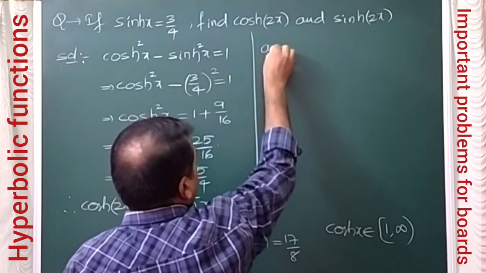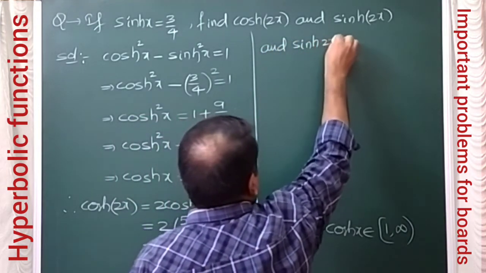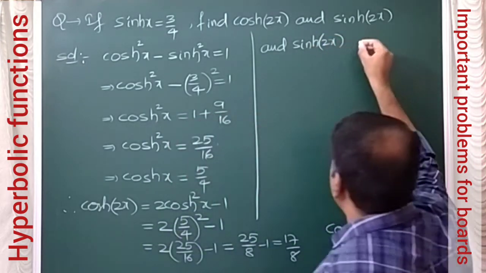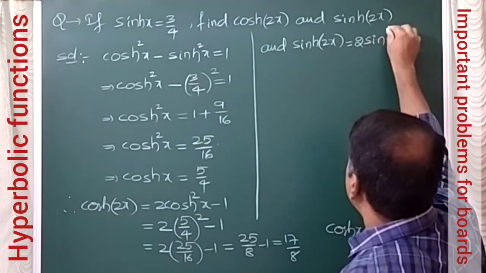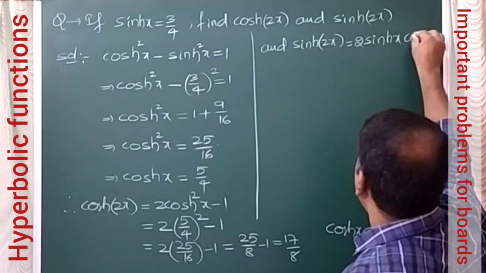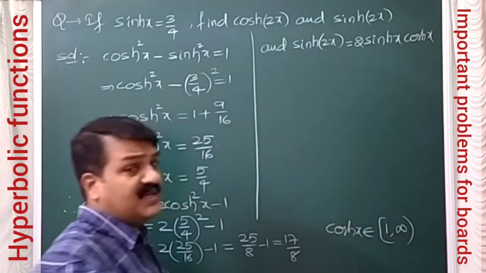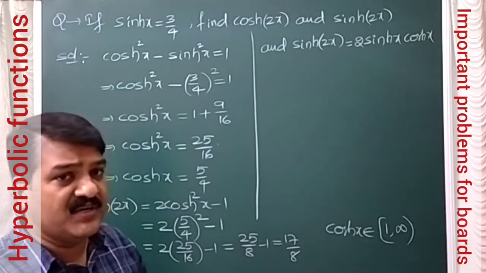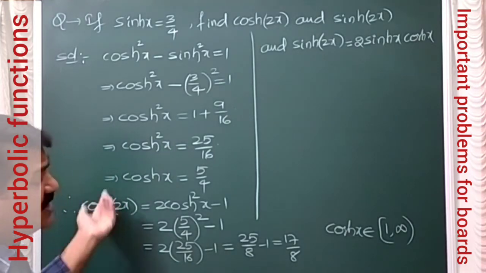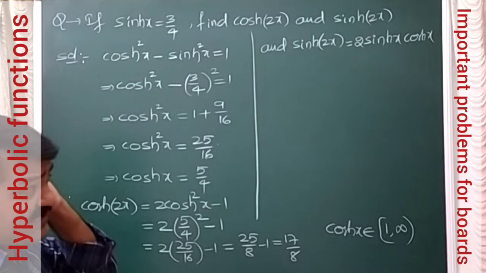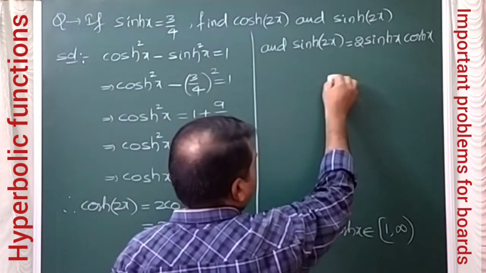Now sinh 2x is required next. Sinh 2x, we already discussed this formula in the previous video. Sinh 2x is 2 sinh x cosh x. That is a formula. Or we can use the identity also, since we have the cosh 2x value. But we will use this basic formula.